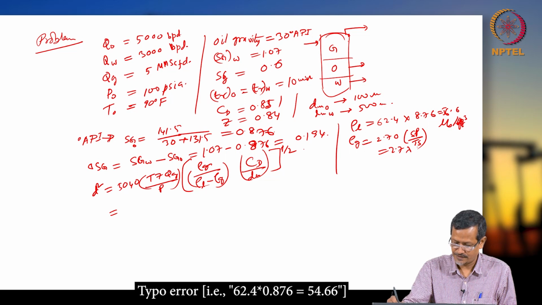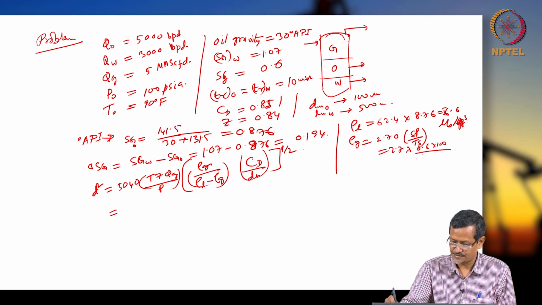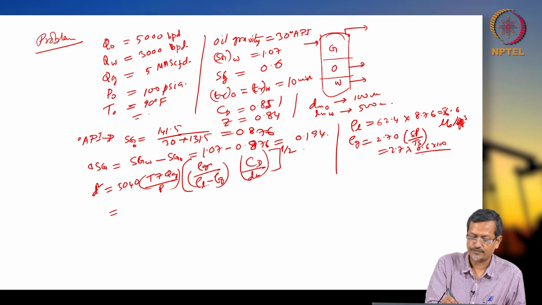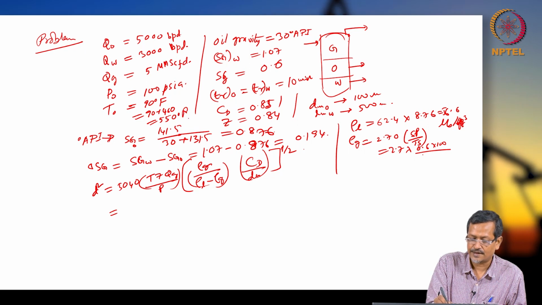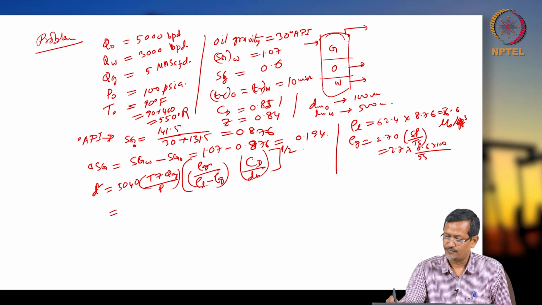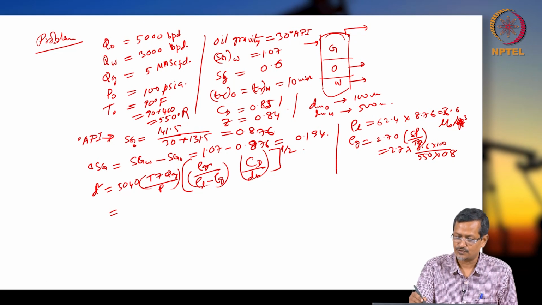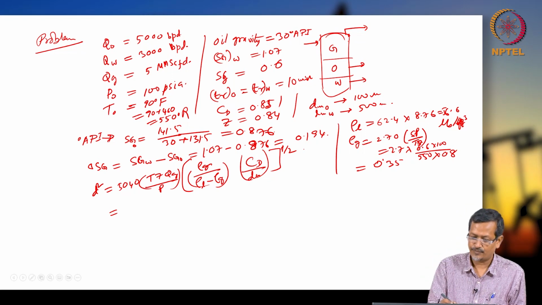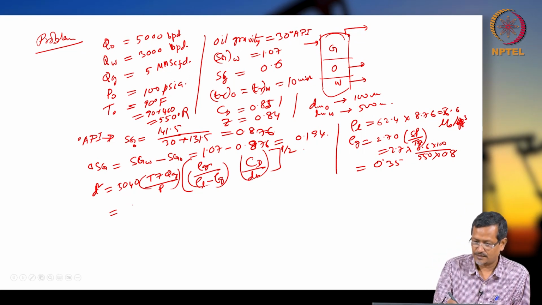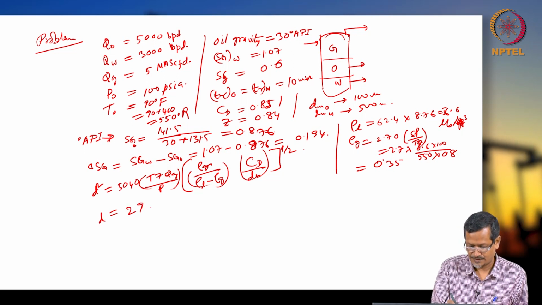So 2.7 into 0.6 into 100 psi pressure, divided by T, which is 90 degree Fahrenheit, so 90 plus 460, that is 550 degree Rankine, into Z, which we are assuming as 0.84. Finally it is coming 0.35. If we put all the values into D, we get D equals 29 inch.